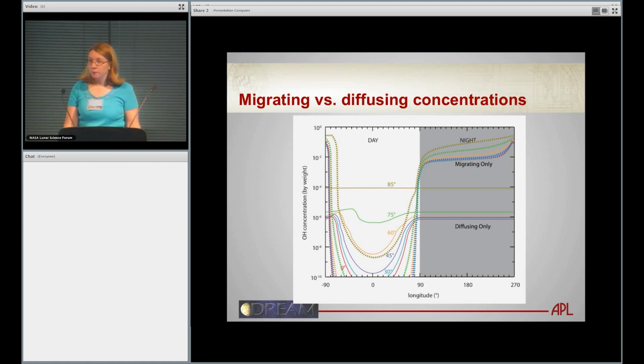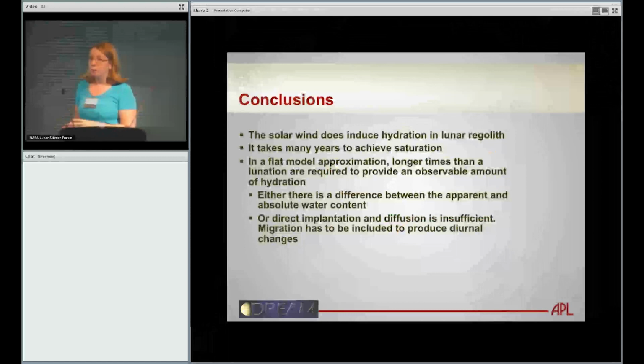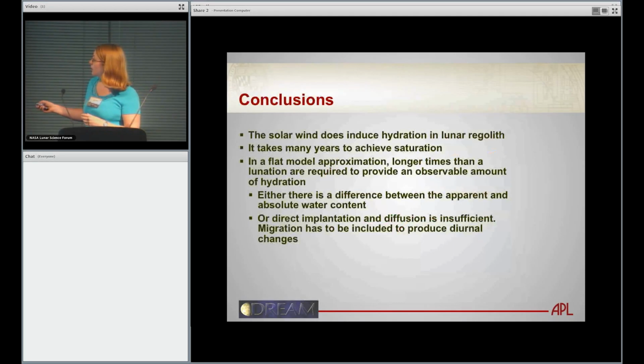So if we don't see something like this, then either we need to revisit the residence times, and if you have longer residence times on the day side, you're going to get stuff sticking more here. You're going to raise this part up and lower this part down. Or it's not coming out as water.